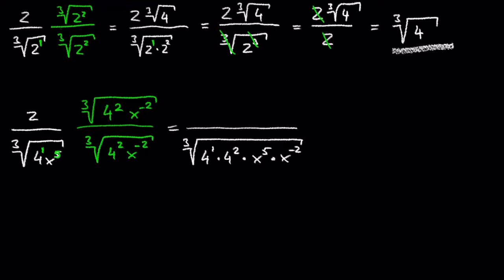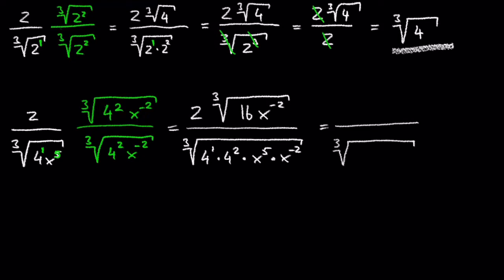And on the top we get 2 times the third root of 16x to the negative 2. Four to the 1 times 4 to the 2 is 4 to the 3. And x to the 5 times x to the negative 2 is x to the 3.